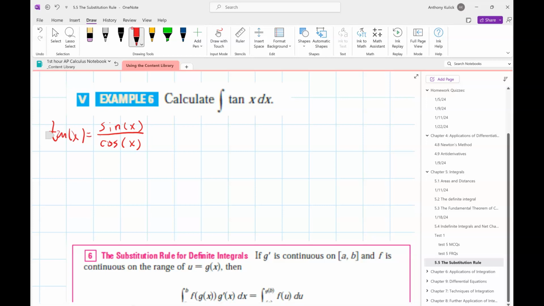All right. So now if we pick this, which one seems like our choice for u and which one should be the rest? Well, here's what I would be thinking.